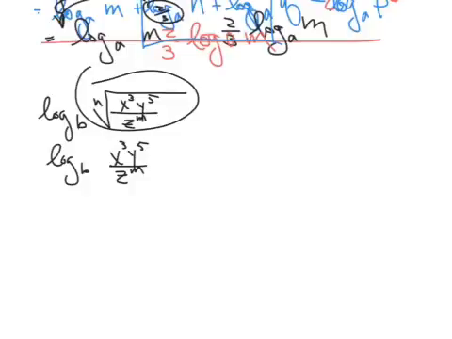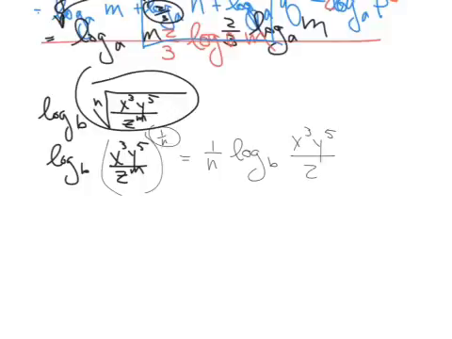Whoa, that's not what I wanted. Let's make it thinner. All right, there we go. And that will be then to the 1 over n power. See how nice and thin that is. Now the first thing I'm going to do is get rid of that radical, so that 1 over n goes in the front. And then that'll be x cubed y to the 5th over z to the m. Don't forget your parentheses there.